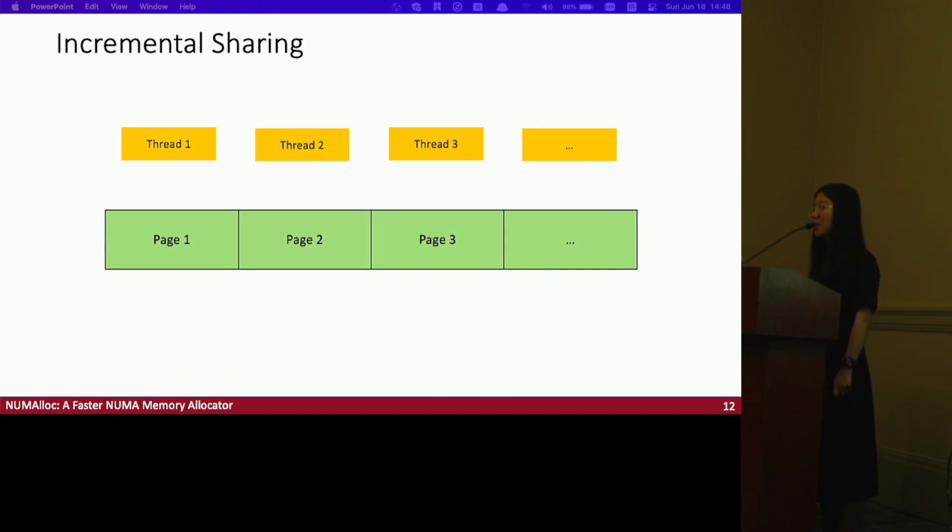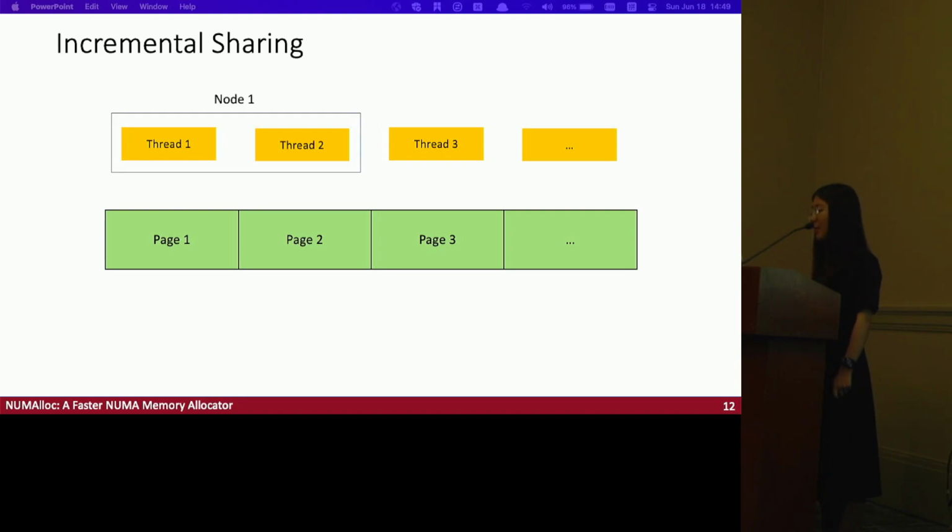Since our approach is based on thread binding, we can easily get the location of each thread, thus allowing threads from the same node to share the same page. We call this incremental sharing, as each thread only fetches the amount of memory it needs from the current page at that time, instead of the entire page.